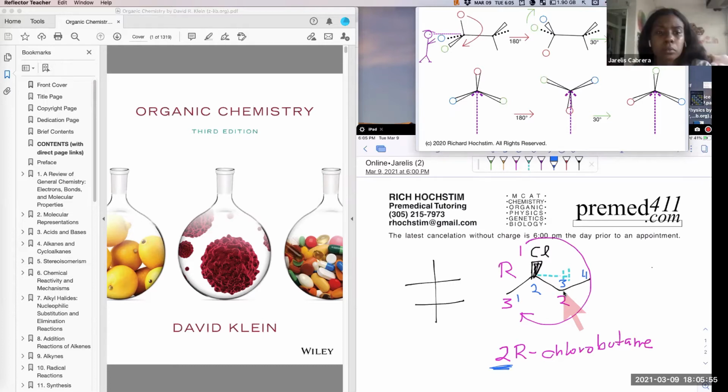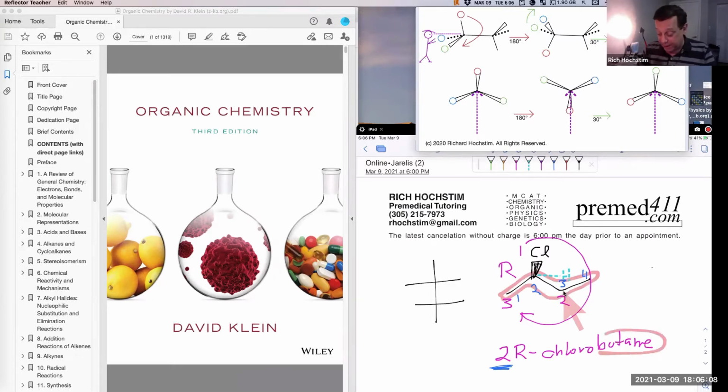My longest chain is going to be here, and that's a butane. And the chlorine is on carbon number 2. That makes sense. We've determined that the chiral carbon, where the chlorine is, has the R configuration.